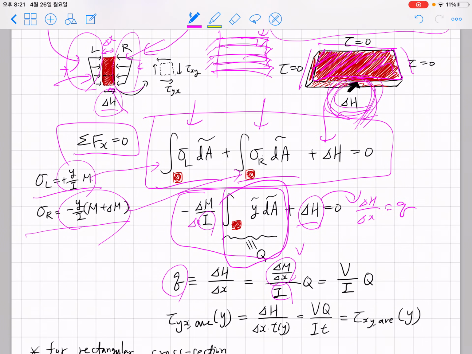Then we can derive q equals V over I multiplied by Q, because q is force divided by delta x.